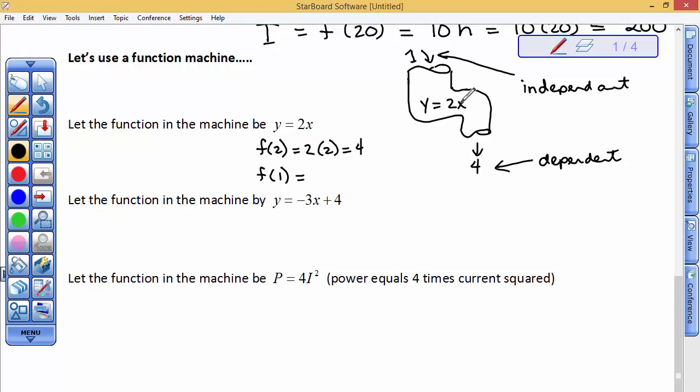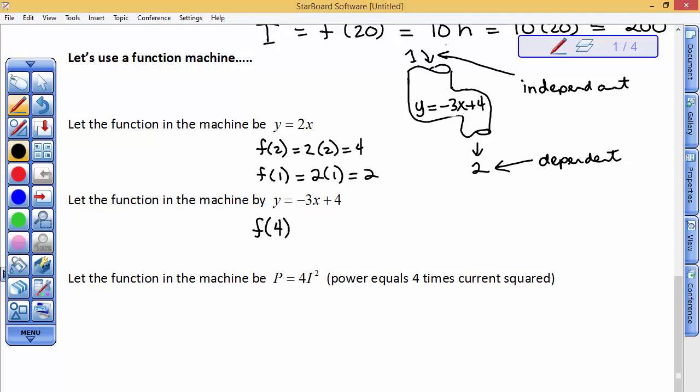Let's do this again with another equation. Inside the function machine now, instead, I'm going to have y equals negative 3x plus 4. So I ask you to put in, let's put in a 4 this time, into the function machine. I'm asking you right here to drop a 4 into the machine in the spot for x. This is my way of asking it.